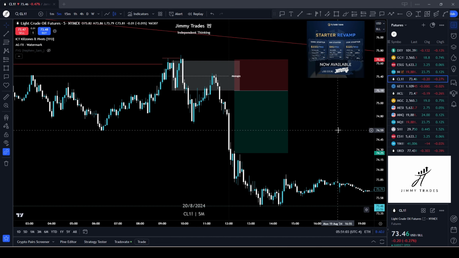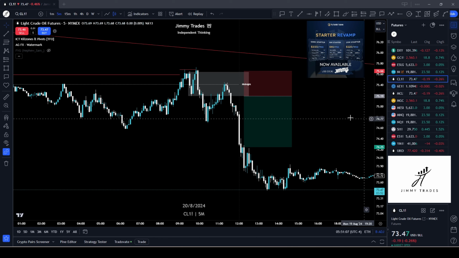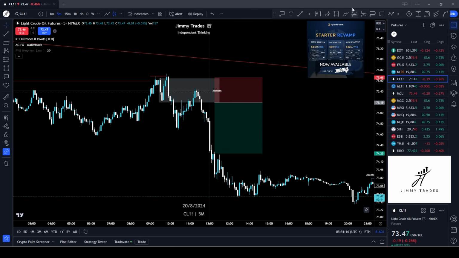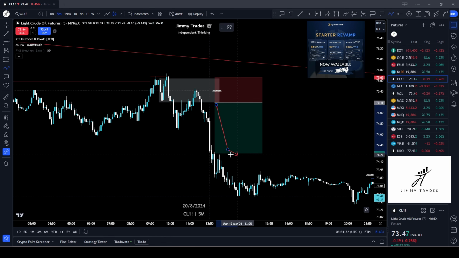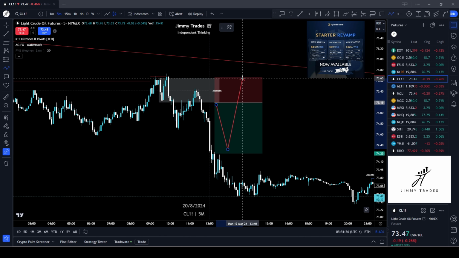Now I followed my rules, the rules I have in place, but from a mental perspective, I'm like, okay, well, can I go to sleep knowing I have a trade open? Because there's been plenty of examples where I've had trades run very close to TP, my 2R, and then they've retraced and stopped me out.